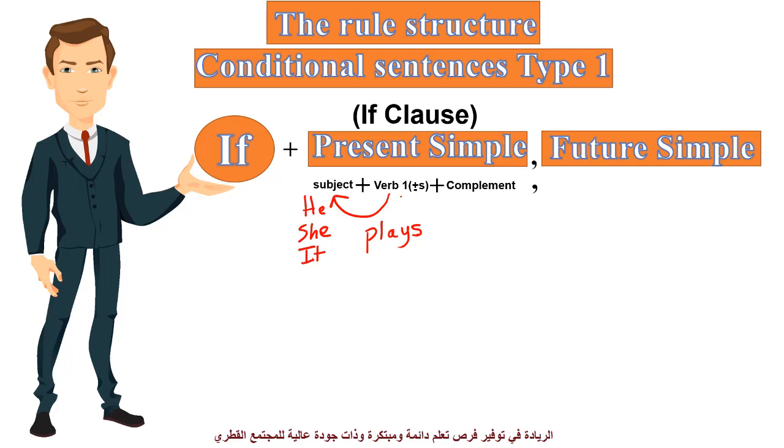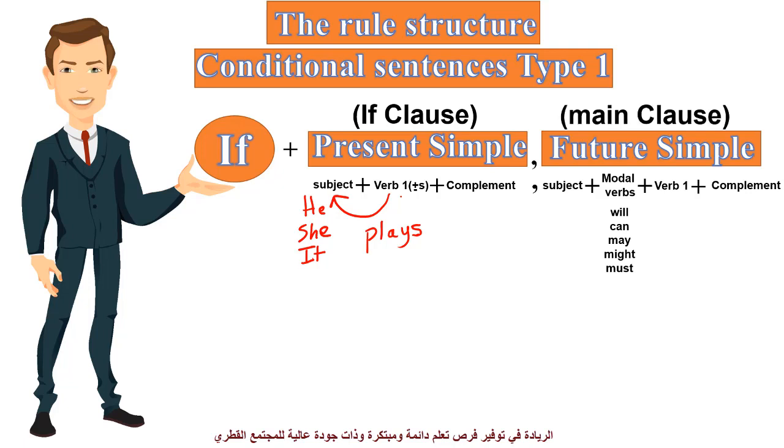Then we have to add a comma, then the future simple sentence begins with a subject plus a modal verb such as will, can, may, might, must. Then verb 1, the base form of the verb, then a complement. And we call this part the main clause.